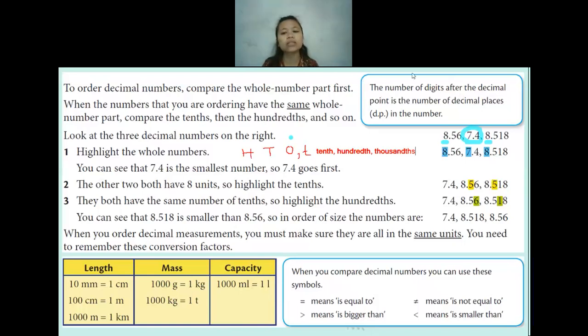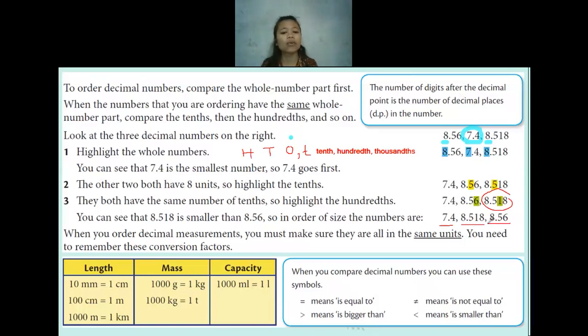So the one having number 1 will be the smaller one. So 8.518 is smaller than 8.56. That's why when we order from the smallest to the largest, the order will be 7.4 first, after that 8.518, and then the last one, 8.56.